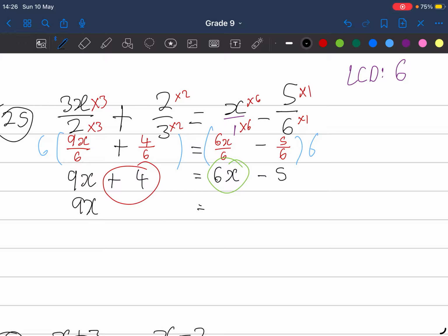So 9x minus 5, the plus 4 will become a minus 4, and the plus 6x will become a minus 6x. That's equal to negative 9, and that's equal to 3x. Divide both sides by 3, and x is equal to negative 3.